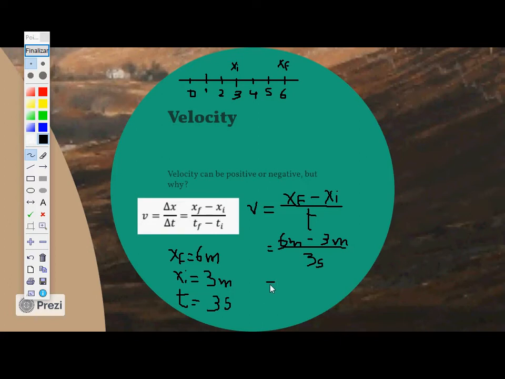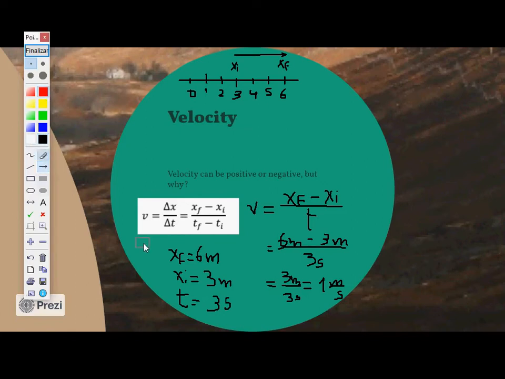So I'm going to have 6 minus 3 is 3 meters divided by 3 seconds, which is equal to 1 meter per second, and this time the result is positive. So that means that the moving object is moving to the right, just as we can see in this number line.